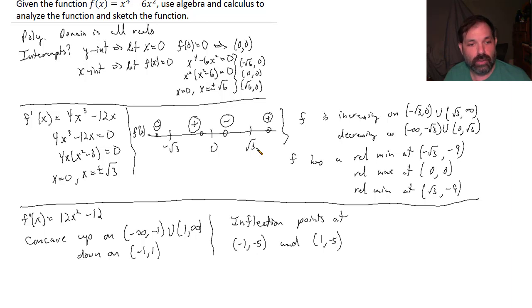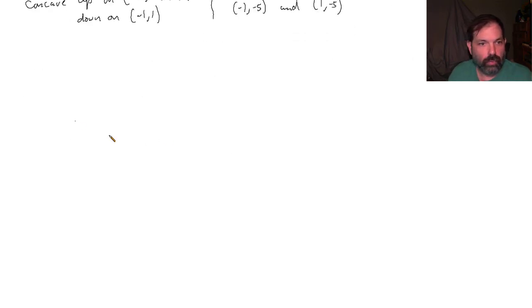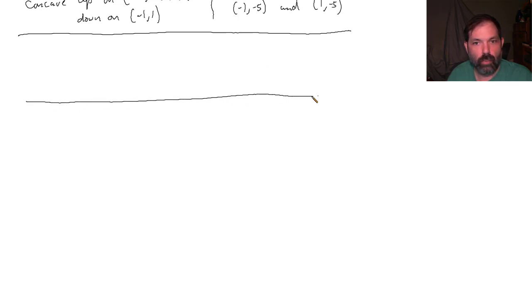And then from the second derivative, we're at negative 1 and 1. So if I take my number line, and again, what am I doing? I'm taking my number line and I'm breaking it up over all of those important numbers. We had negative root 3, negative 1, 0, 1, and root 3.